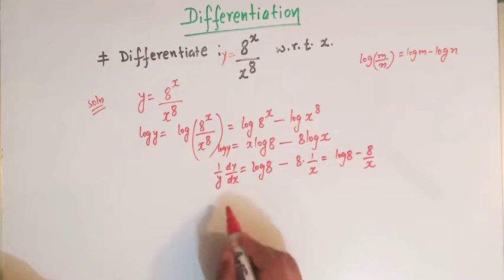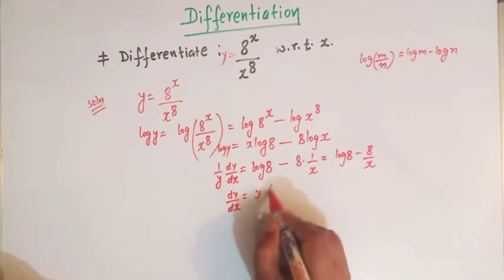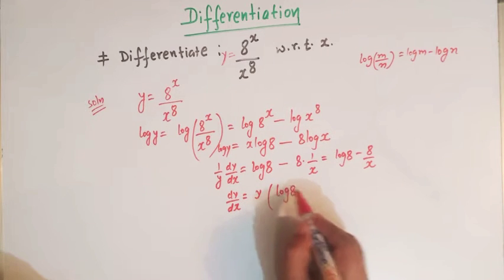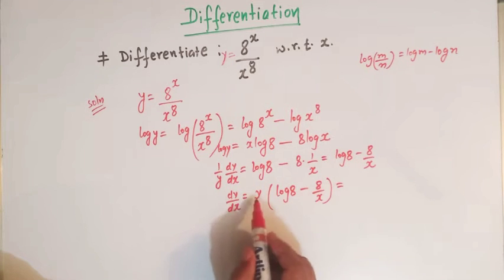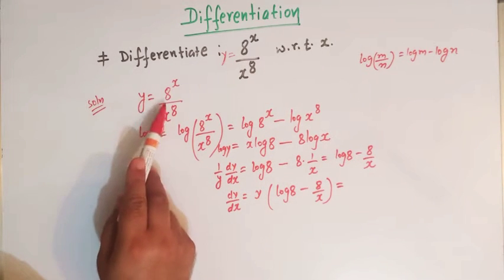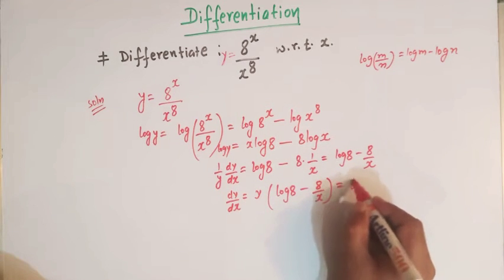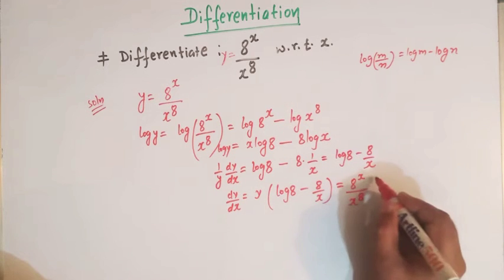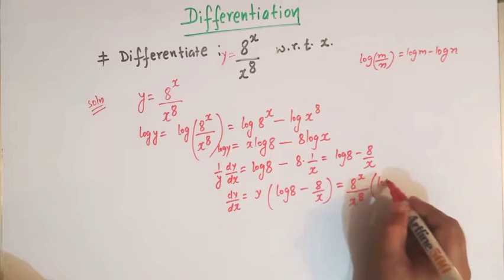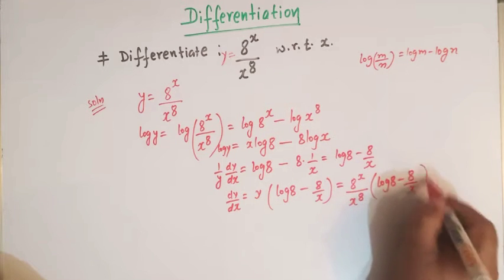Taking y to this side, we have dy over dx is y times log 8 minus 8 over x, and substituting the value of y, here we have 8 raised to x divided by x raised to 8 times log 8 minus 8 over x, right?